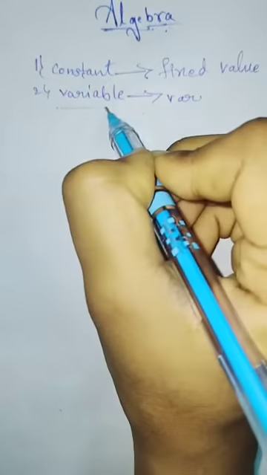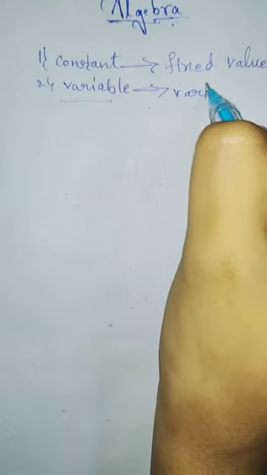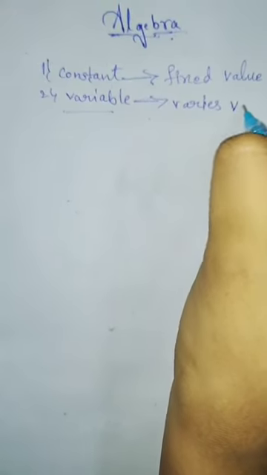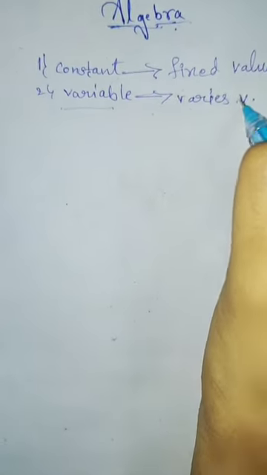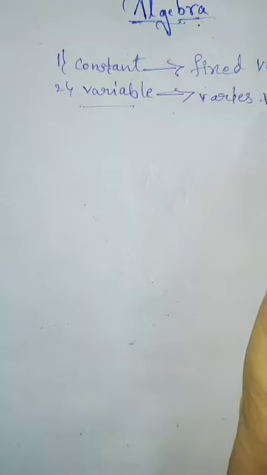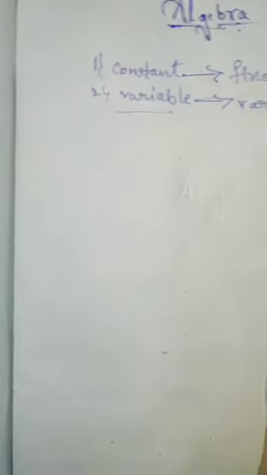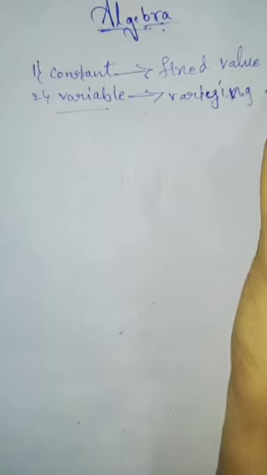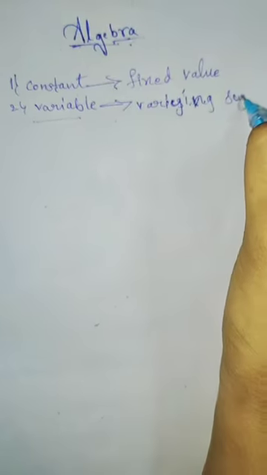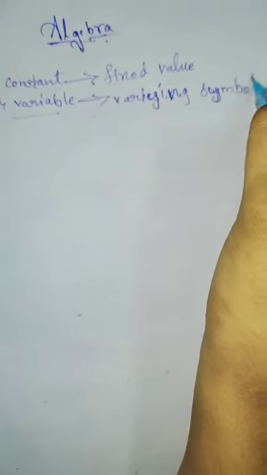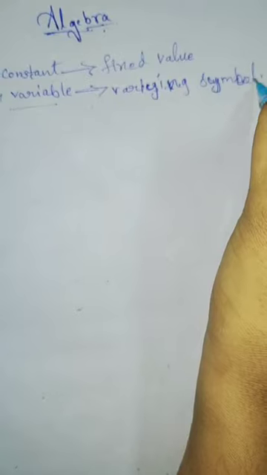The word variable itself says that it varies. It is a varying symbol which starts from all the small letter alphabets.